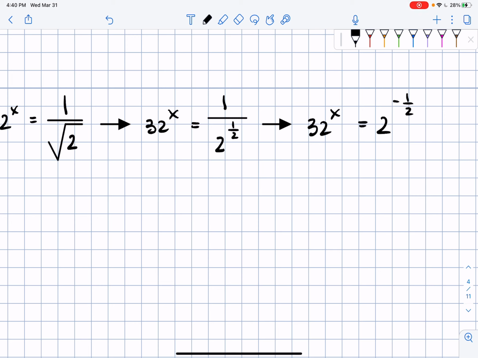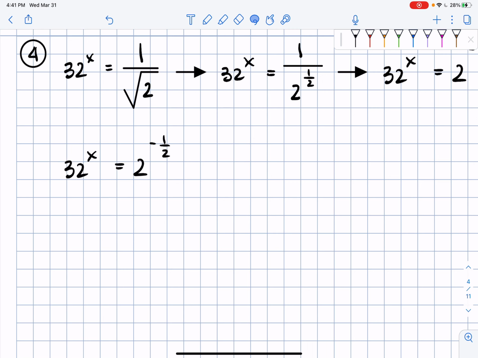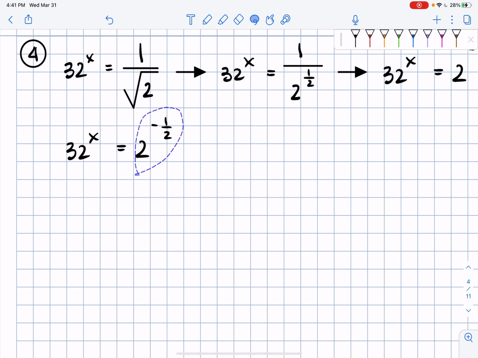All right, so now let's go ahead and take the ln of both sides. So let's go ahead and copy this, come on over here, paste it. So now I'm going to go ahead and take the ln of both sides.